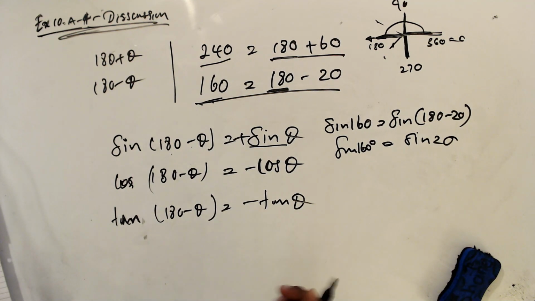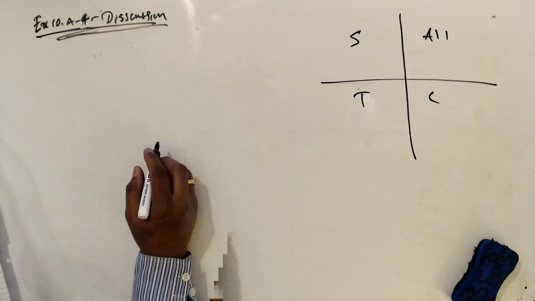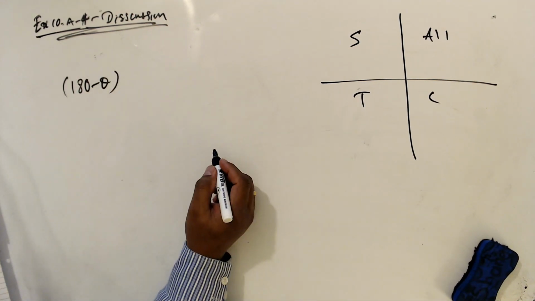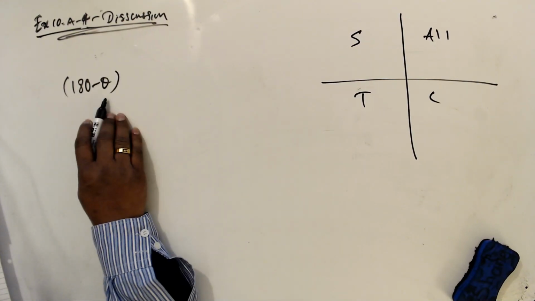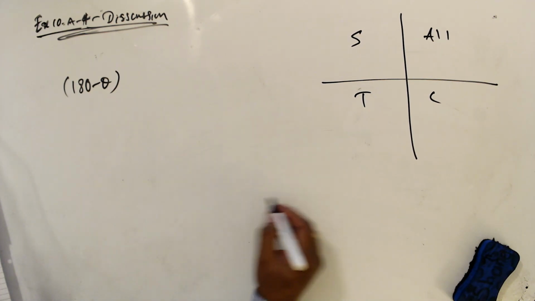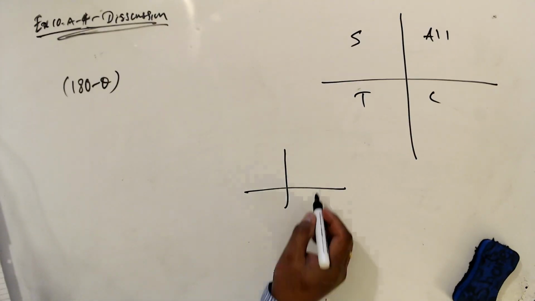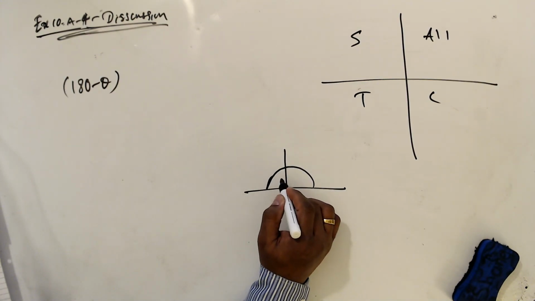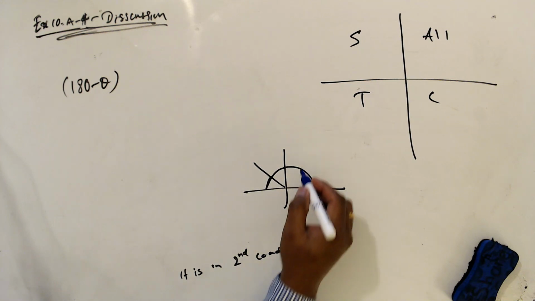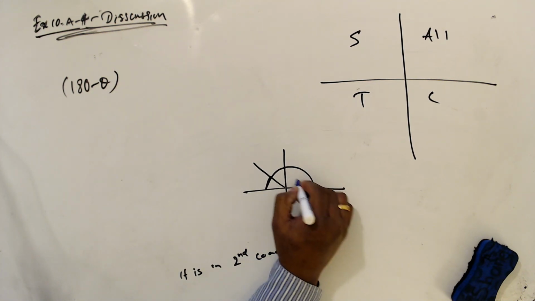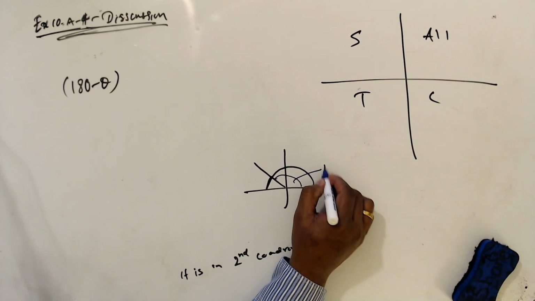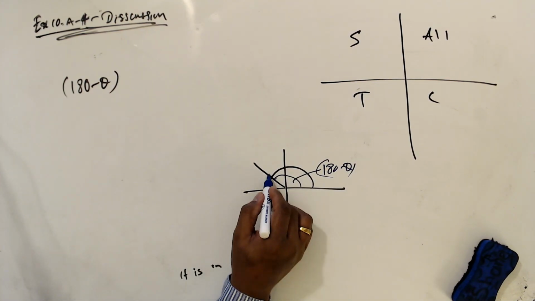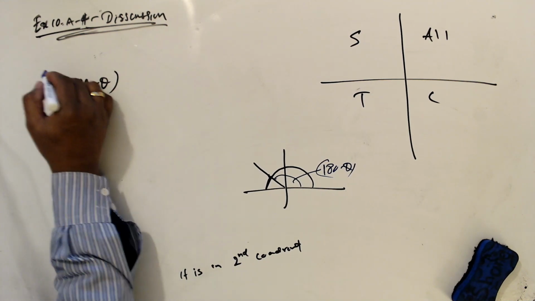Now I'll teach you how to remember this rule. 180 minus theta. Now can you tell me 180 minus theta is in which quadrant? 180, come theta back. It is in second quadrant. So this angle is 180 minus theta. So it is in second quadrant.